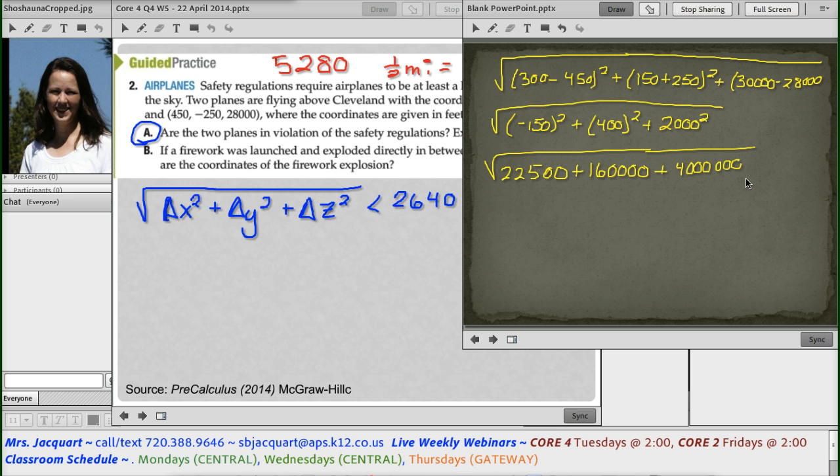And then you plug those all into the calculator, and what do we get?